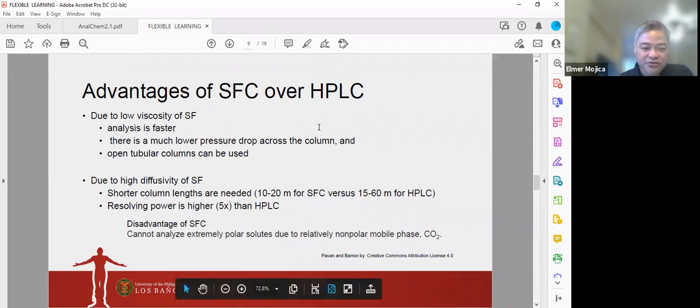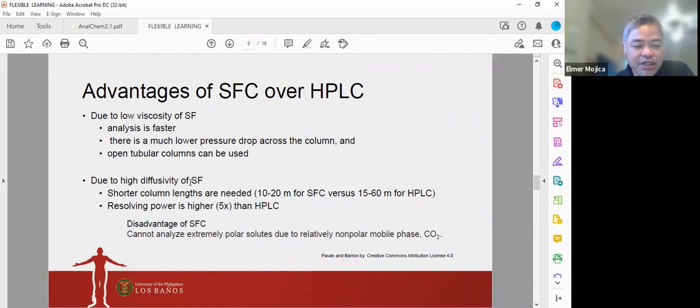Also, due to the high diffusivity of the supercritical fluid, you can use shorter column lengths, like 10 to 20 meters for SFC versus 15 to 60 meters for HPLC. The resolving power is also higher, 5 times more than HPLC.